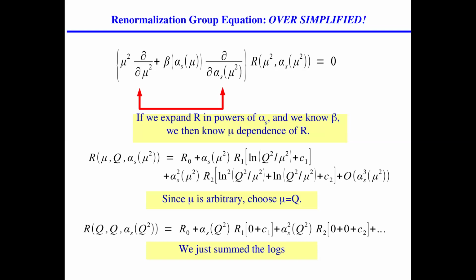This was discussed previously in the lectures. To oversimplify, I can just tune mu to be Q. All these logs vanish, and here's my new result. I've got some constants to deal with, but in an oversimplified sense, I just sum the logs. So if I only have a 1 scale problem, I can use the freedom of the renormalization group equation, because I know the mu dependence, to take care of the logs.